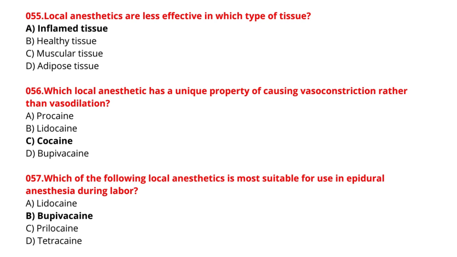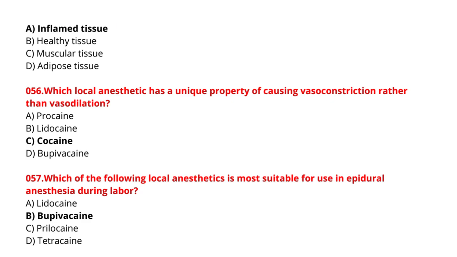B. Lidocaine. C. Cocaine. D. Bupivacaine. Answer is C. 057. Which of the following local anesthetics is most suitable for use in epidural anesthesia during labor? A. Lidocaine. B. Bupivacaine. C. Prilocaine. D. Tetracaine. Answer is B.